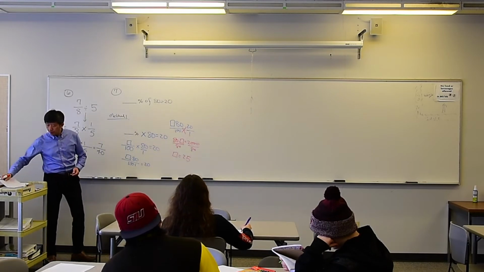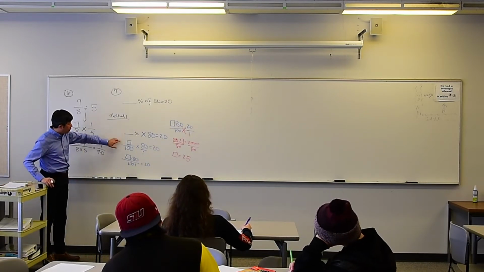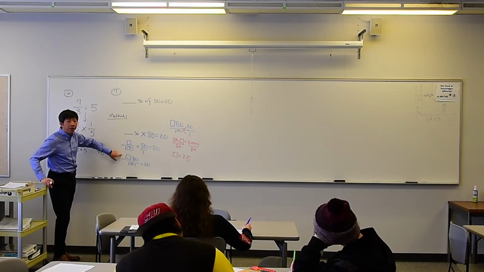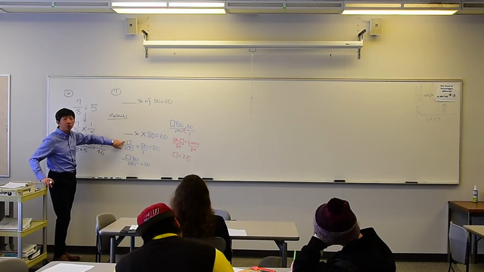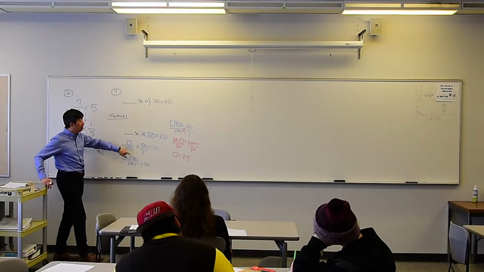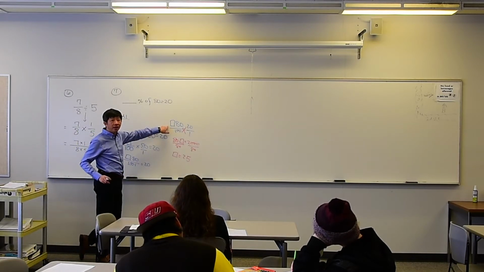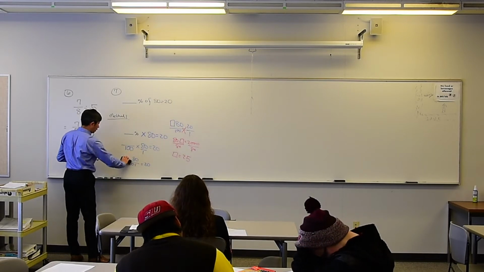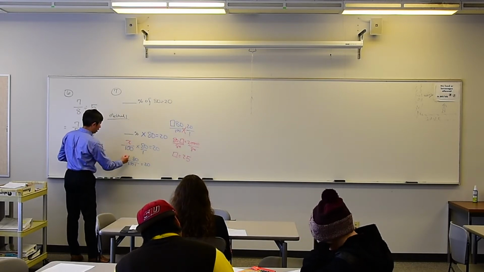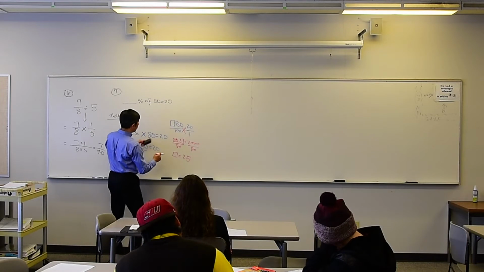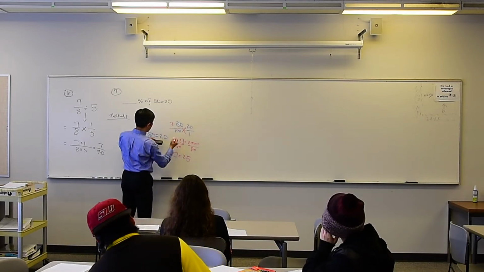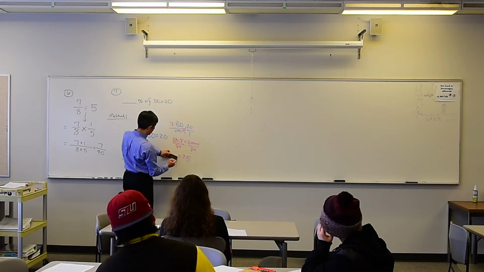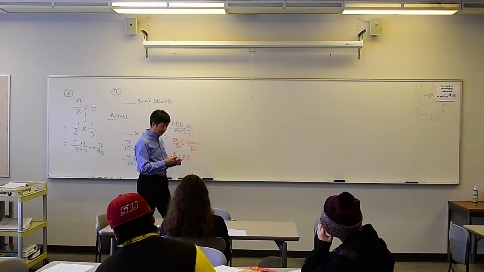Now, in elementary school, we say an unknown number, a box, right? And then in middle school, we change this into what? X. In middle school, we're going to change this box into X. So this X is equal to 25.